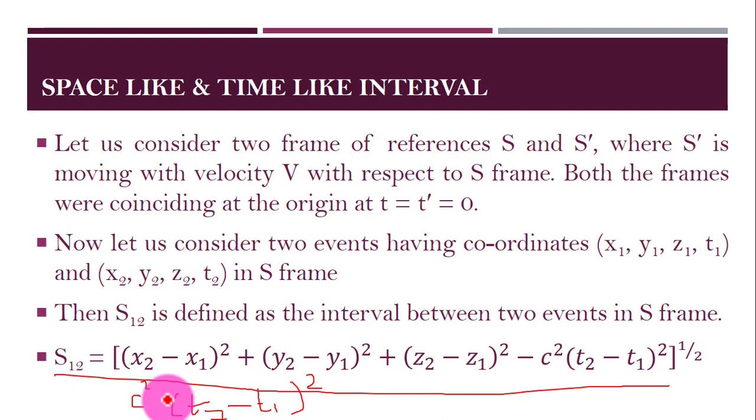The only difference is that they have taken the time axis, the ct axis, as the horizontal axis and the x axis as the vertical axis. In that case, only the matrix that I have already mentioned for the Lorentz transformation will change, but the results of the transformation are going to remain the same.